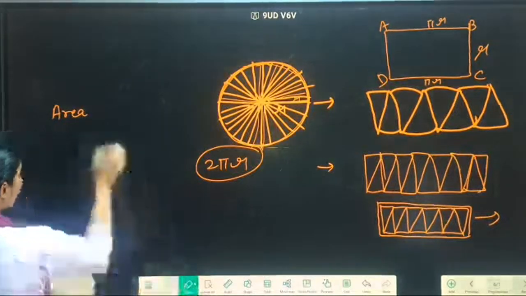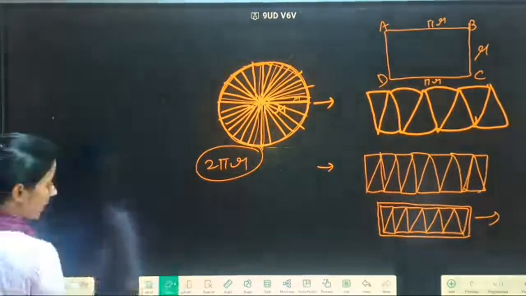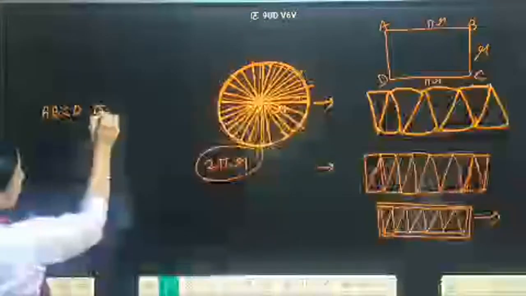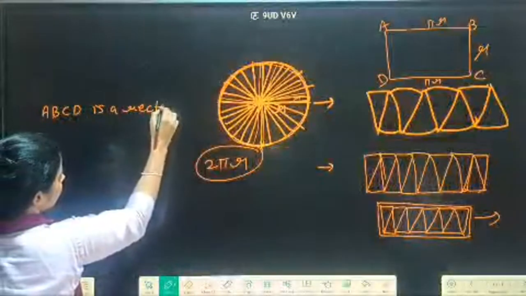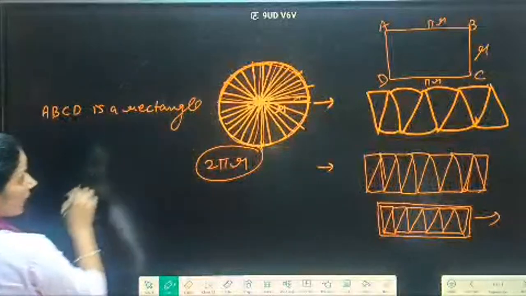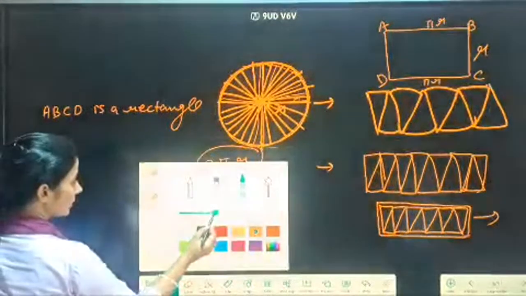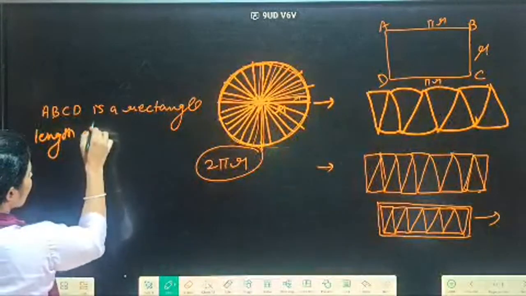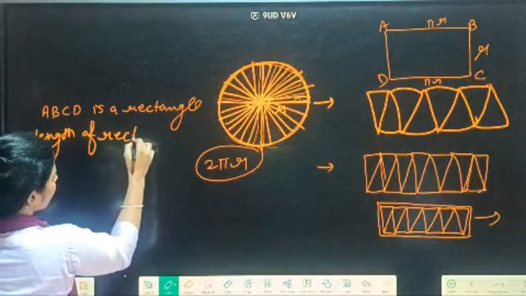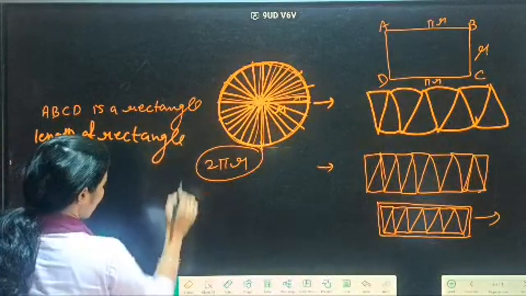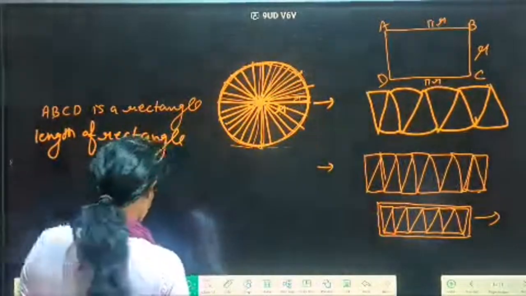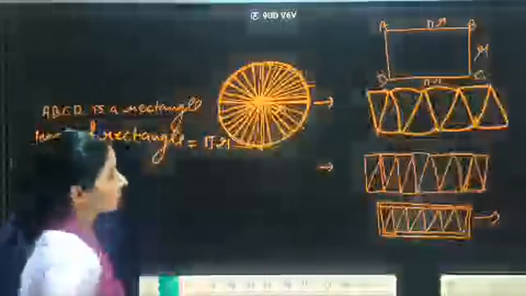Before writing area, let us define its length and breadth. This ABCD is a rectangle. What is the length of the rectangle?